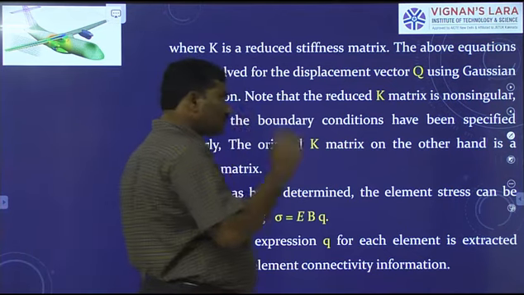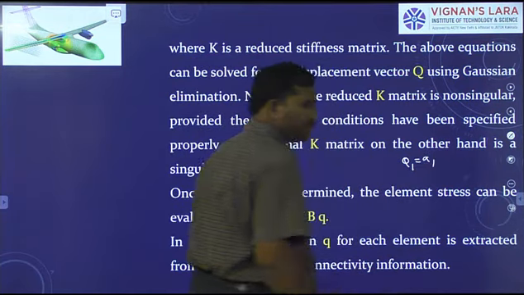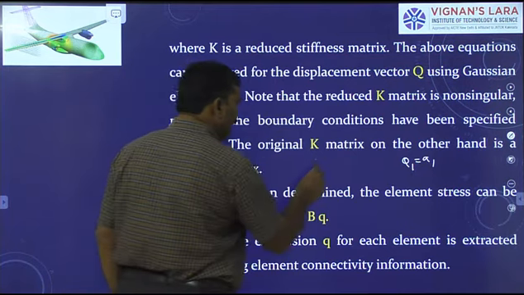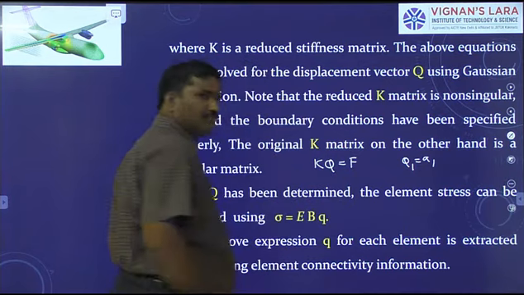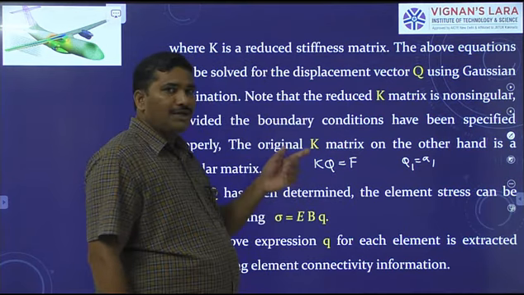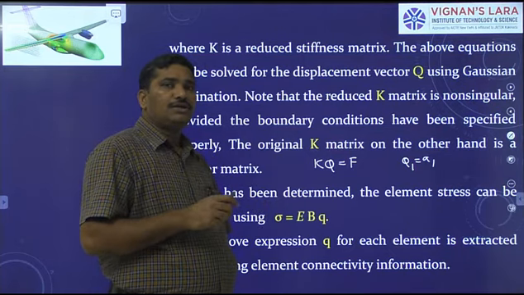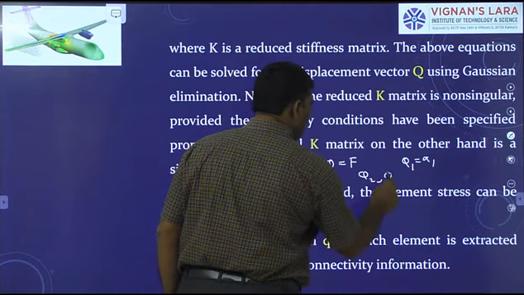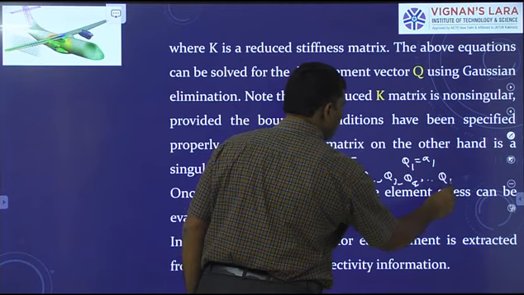If first nodal displacement is known like this, say Q1 equal to A1, after solving the equations of equilibrium, capital K into capital Q equal to F, you get the remaining nodal displacements, which are capital Q2, capital Q3, capital Q4, and so on, ends with capital Qn.